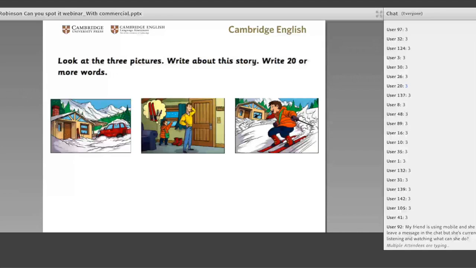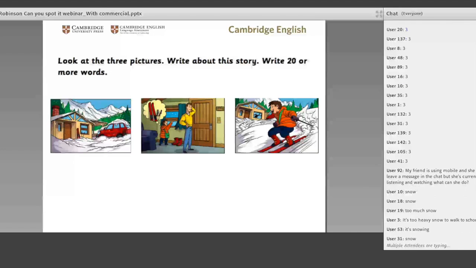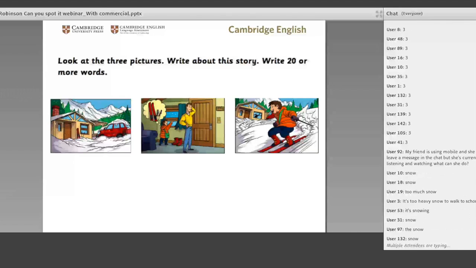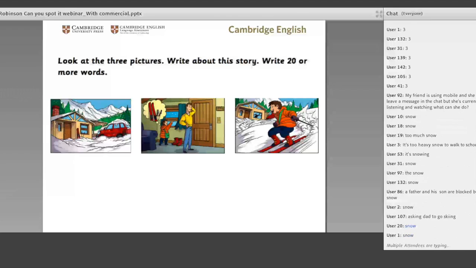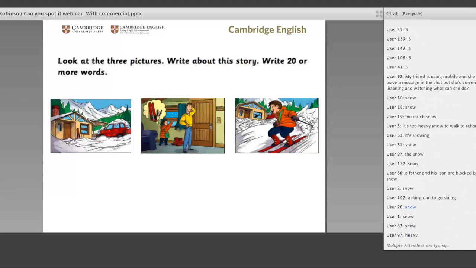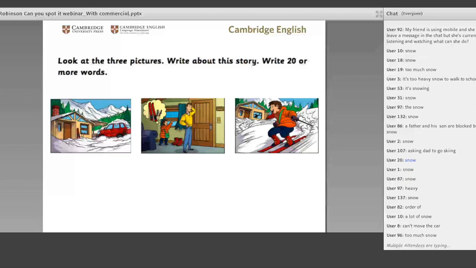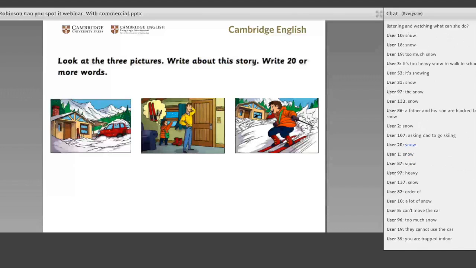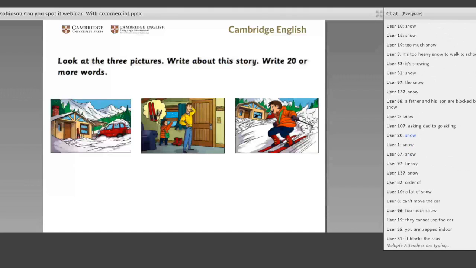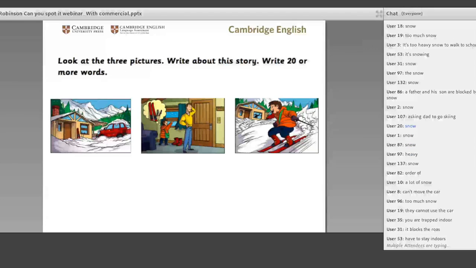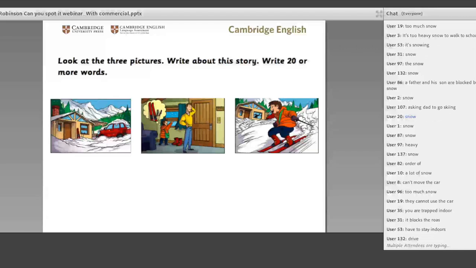So what's the problem here in this story? Yes, the problem is the snow. And why is the snow a problem? What can't they do because of the snow? Yeah, James, they can't move the car.